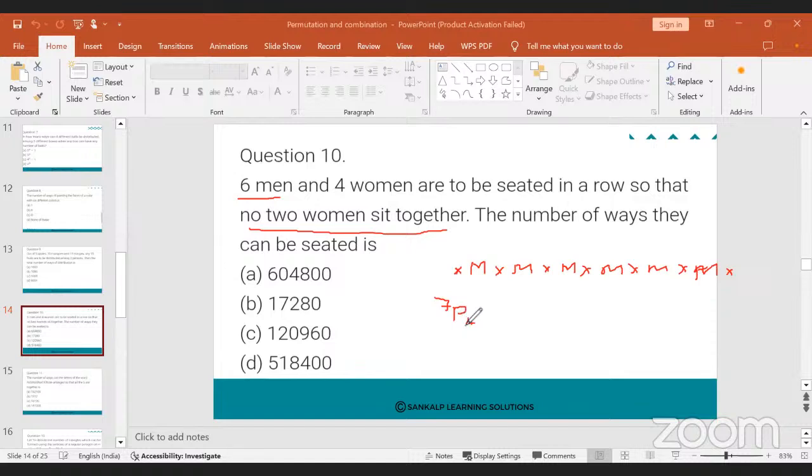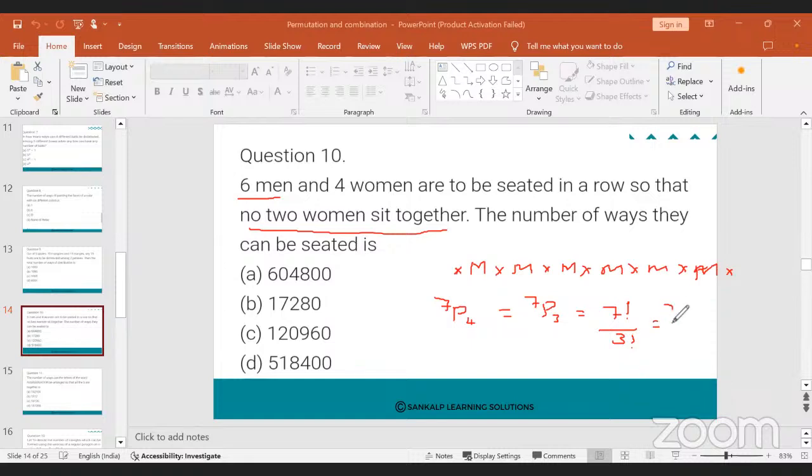So total 7P4, which is equal to 7 factorial divided by (7 minus 4) factorial, that is 3 factorial.